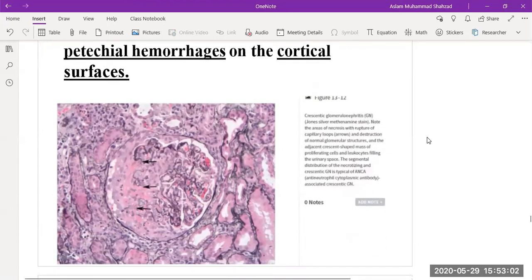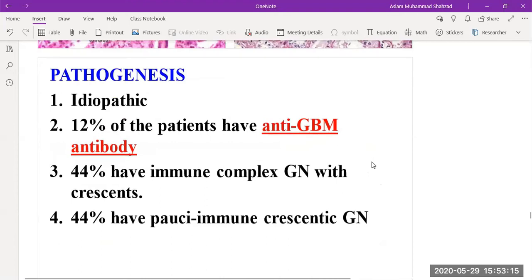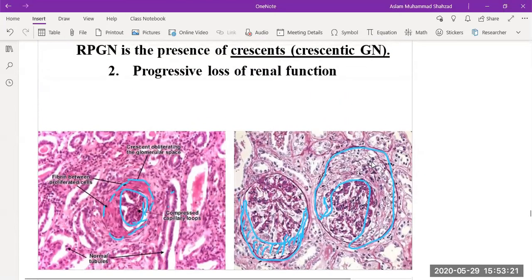This is another picture showing you the presence of the crescentic moon-like appearance, and that moon-like appearance is because of the presence of, as we already mentioned, immune complex or quasi-immune crescentic glomerulonephritis containing fibrin between proliferated cells.